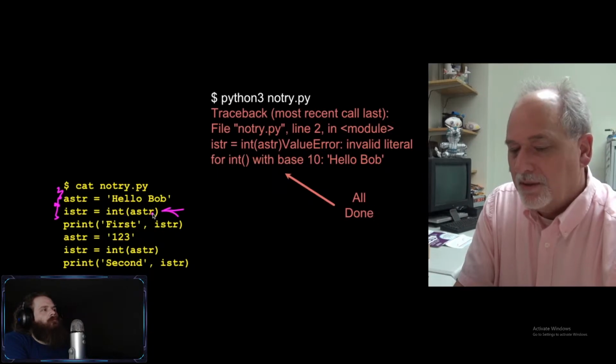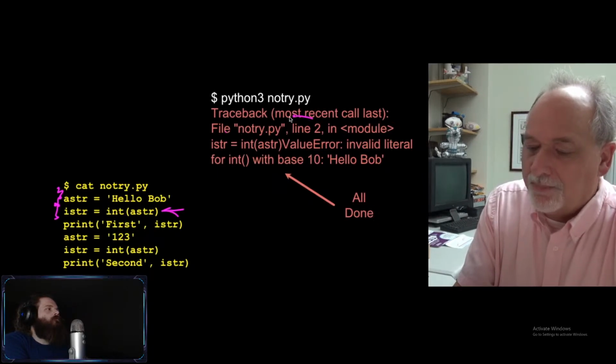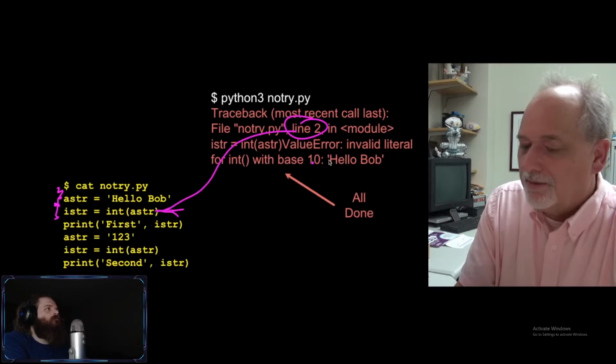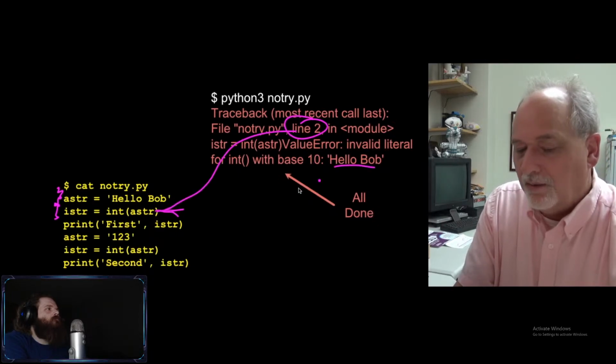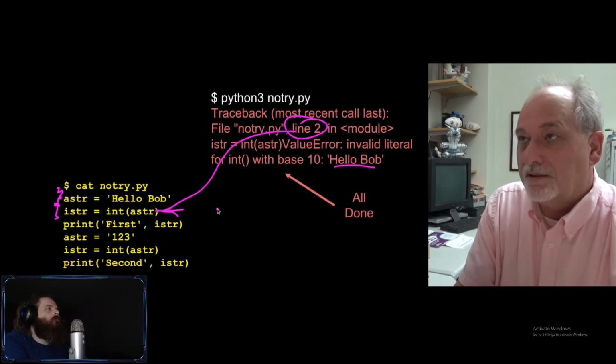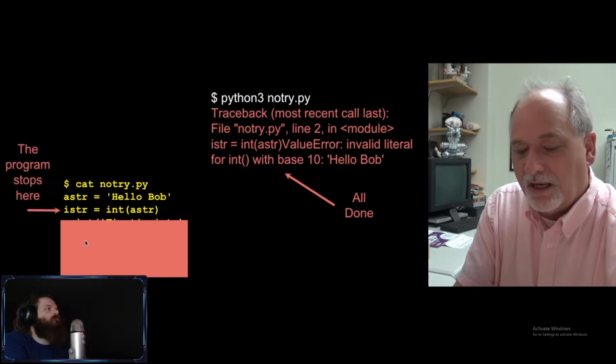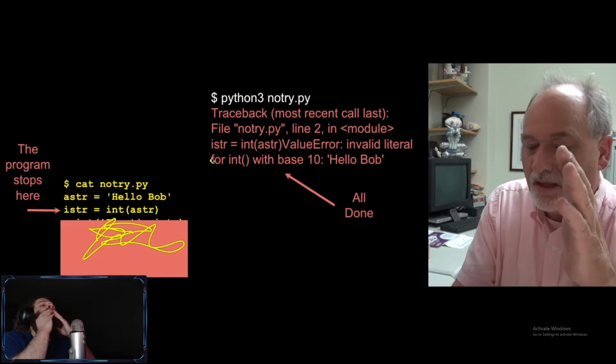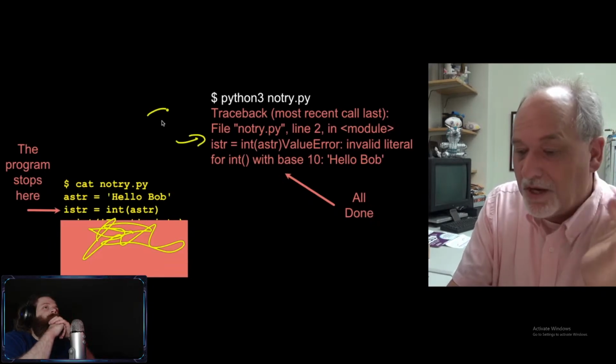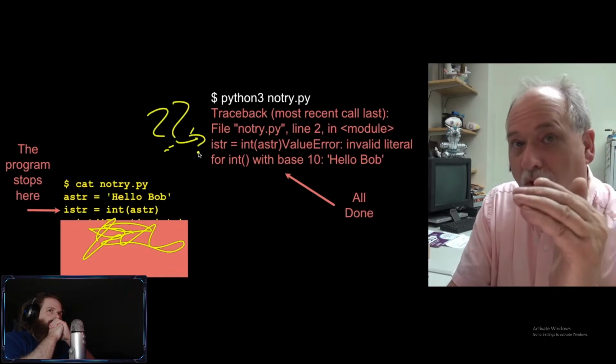Here we are. It says, oh, you blew up on line 2. That's great. And I'm not very happy with hello Bob and whatever. But the important thing is your program stops. These other lines, they don't exist. It doesn't go any further. Remember, the traceback is Python saying it's really confused and doesn't know what to do next.